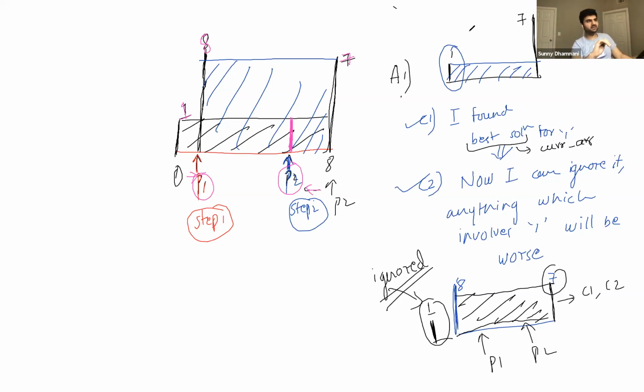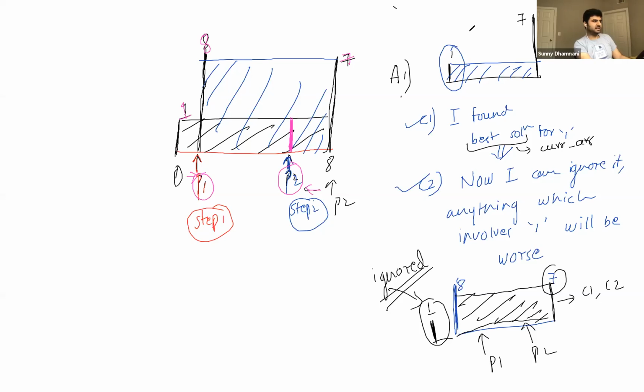So you cannot pair 6 with 4. Since you've already found the best solution for 6, anything with 6 now will be bad. So if you're including 6 with 4, that's not as good because you have found a better solution for 6. Okay, got it. Because the width between the two values decreased.